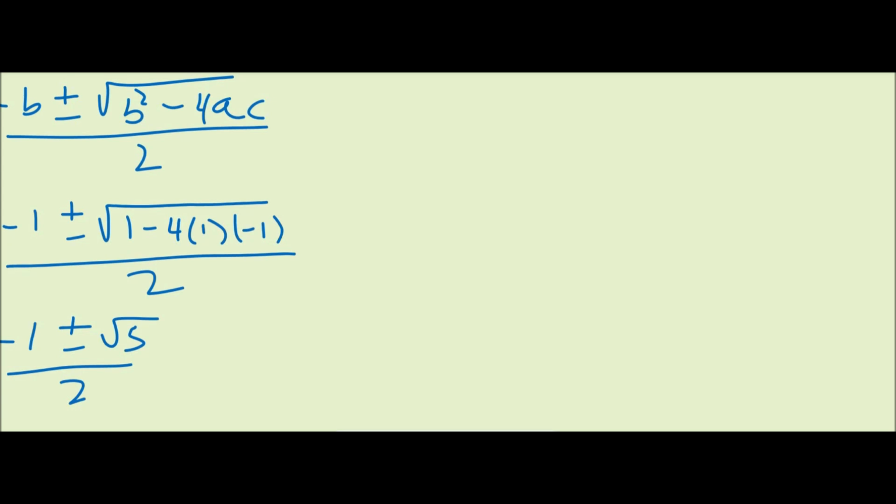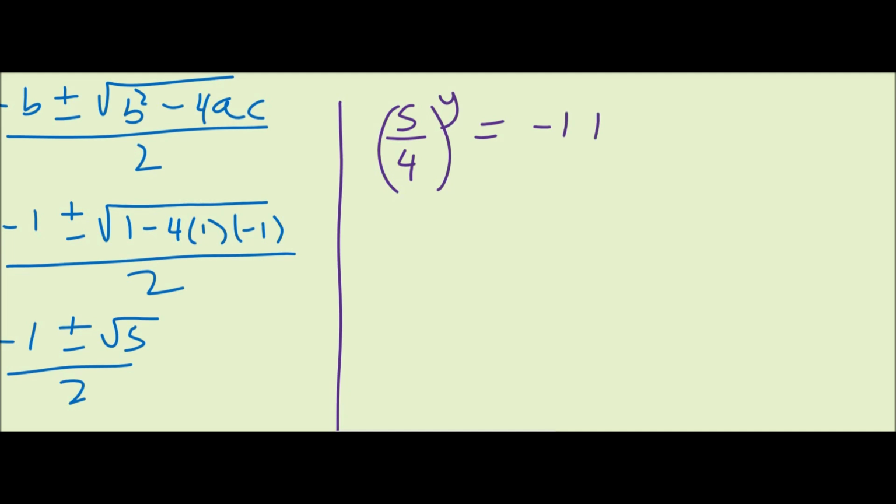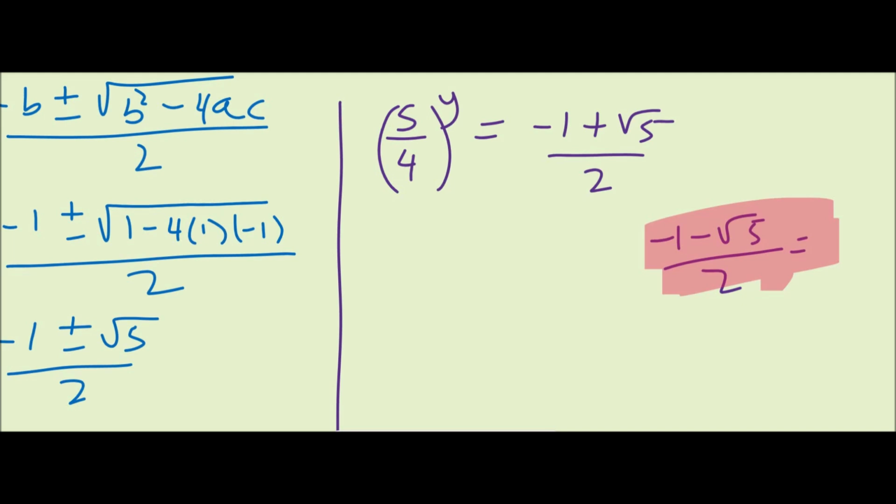So don't forget I represented k as 5 over 4 to the power of y equals minus 1 plus root 5 over 2. Now, it should be plus or minus, but you need to note that minus 1 minus root 5 over 2 will give you a negative value. If you're equating it to 5 over 4 to the power of y, you can't take the log of negative numbers, which implies that this is not a solution.